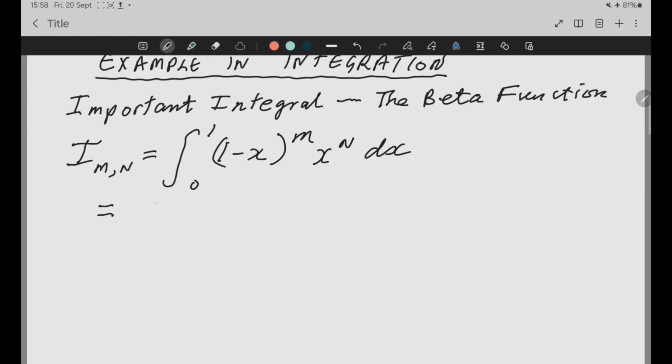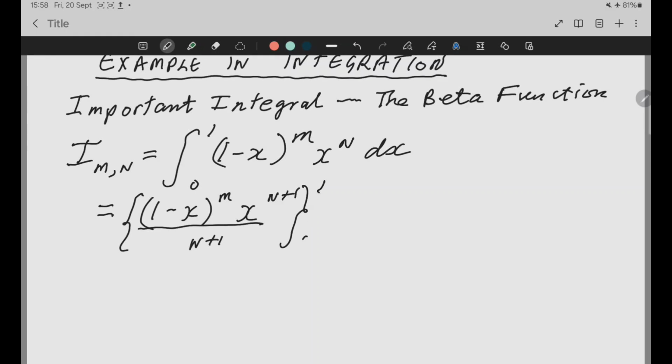So that will be the first term, (1 minus x)^m, multiplied by the integral of the second, x^(n+1) over n plus 1, and evaluated between the limits 1 and 0, which I think you will be able to see will come out to 0.